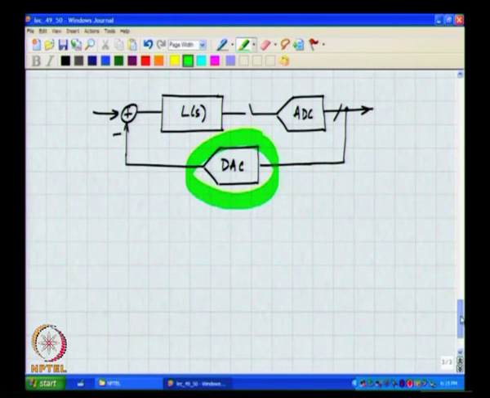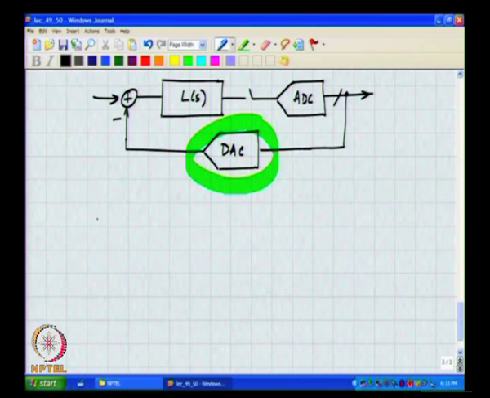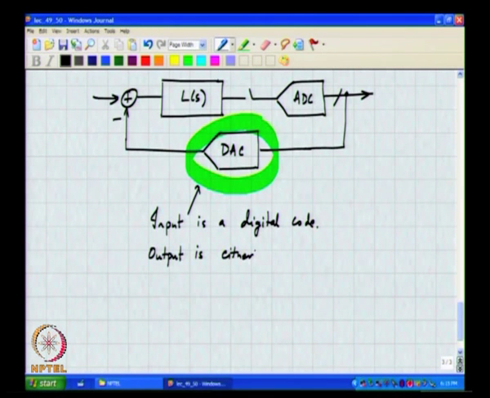Now, as the name suggests, the input is a digital code, the output is either voltage or current or charge.